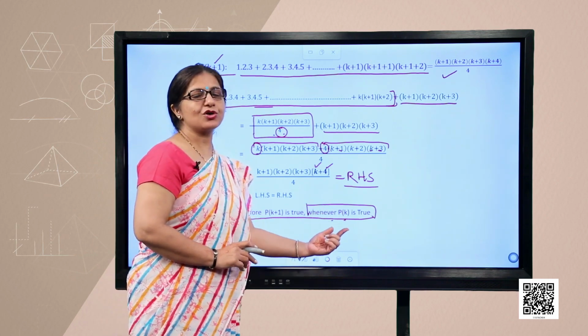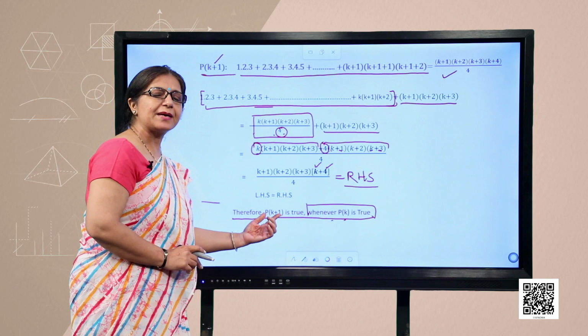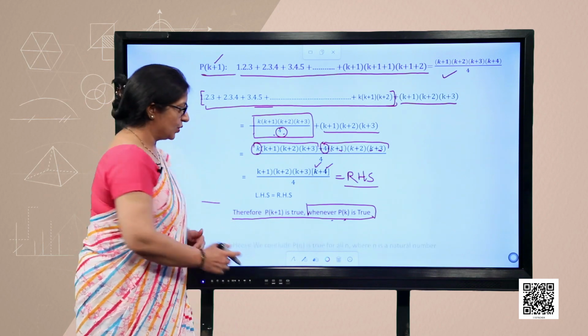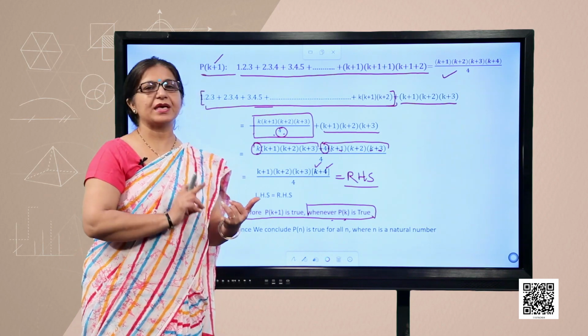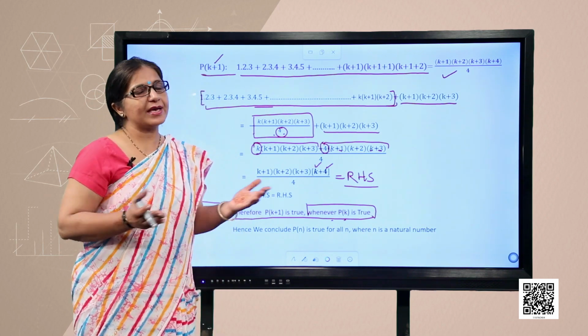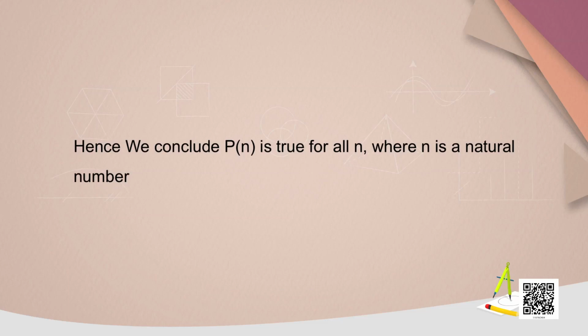If Pk is not true, we cannot prove that Pk plus 1 is true. So, after we have proved that Pk true implies Pk plus 1 true, now we can say that the statement Pn is true for all n, where n is a natural number.